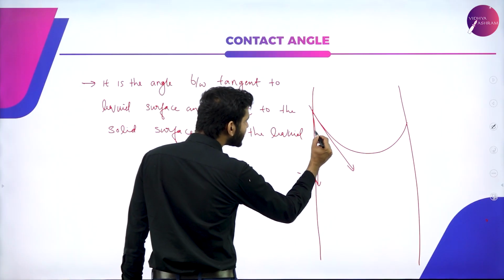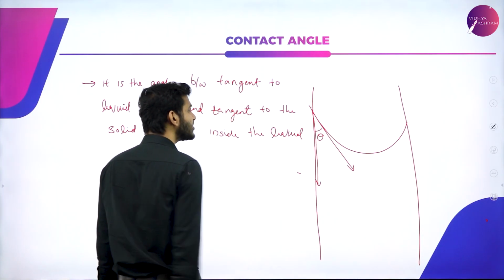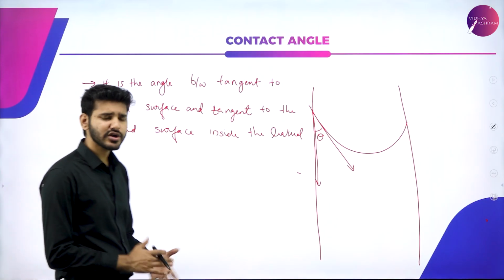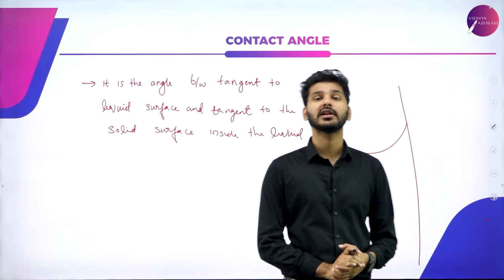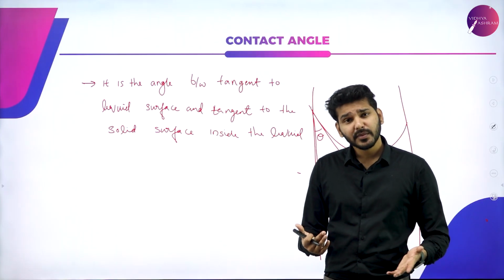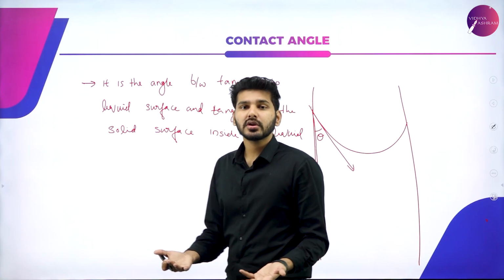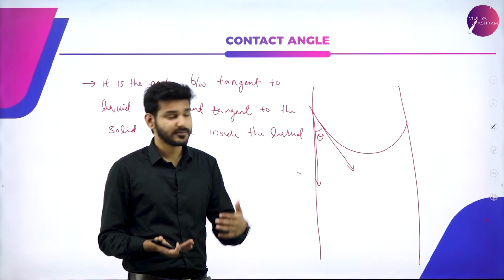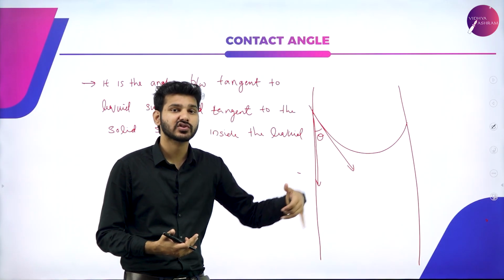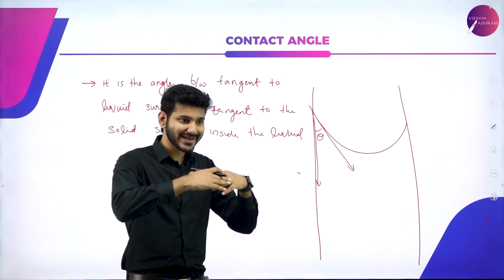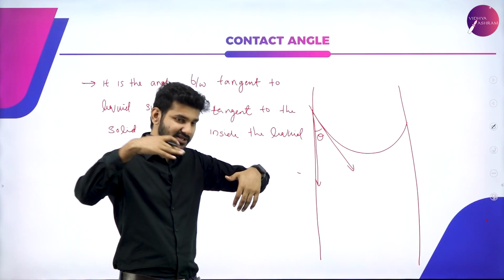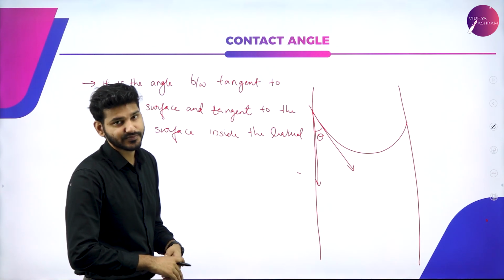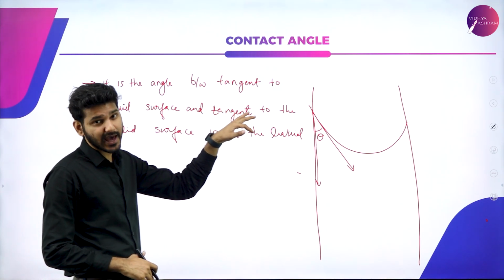So the angle between these two tangents will be known as the angle of contact, or simply the contact angle for that particular liquid. Again, remember, if surface tension is more, the contact angle will be more. If surface tension is less, the contact angle will be less. Because it will behave like a stretched out elastic membrane, making it stretch even more, increasing the angle, or if the surface tension is less, it decreases the angle. So that is all about contact angle.